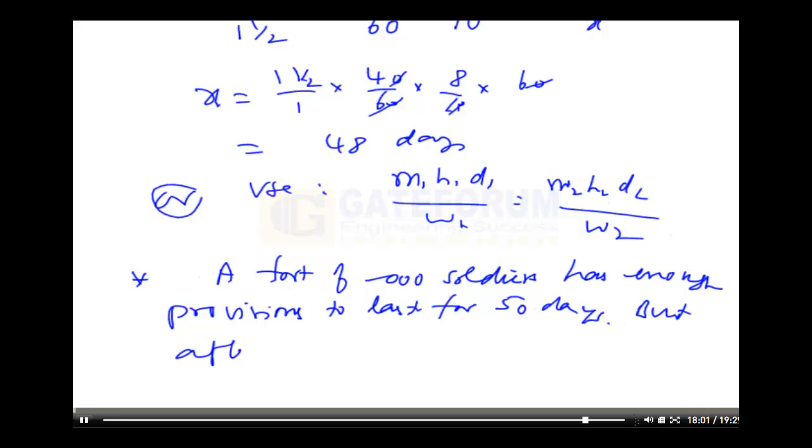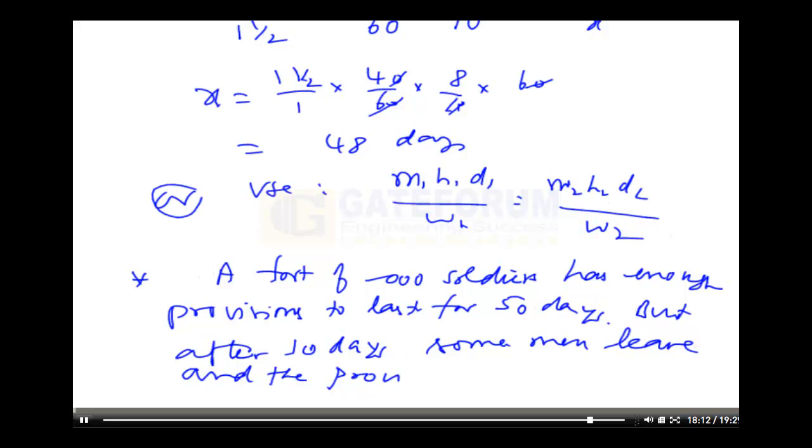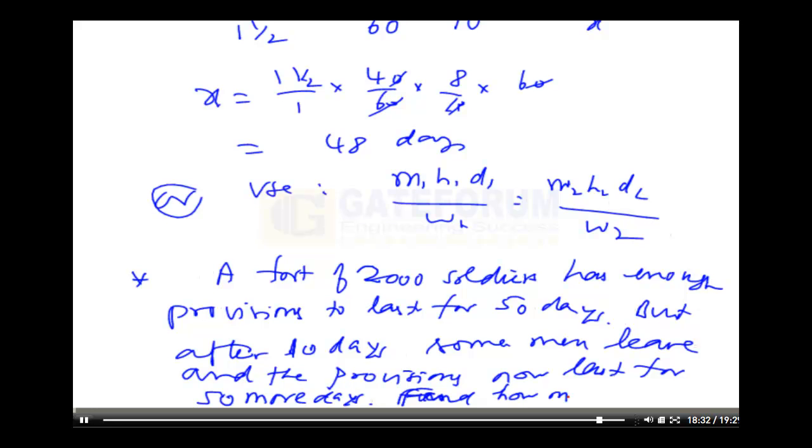But after 10 days, some men leave and the provision now lasts for 50 more days. Find how many left. Now we have only two variables.